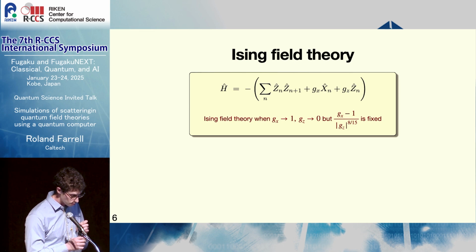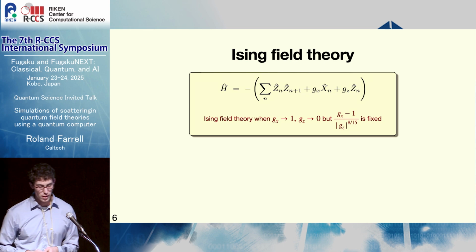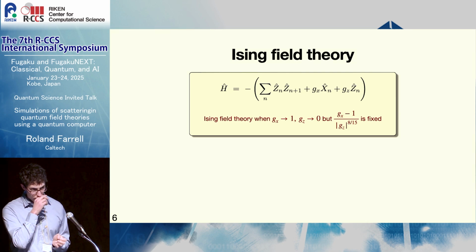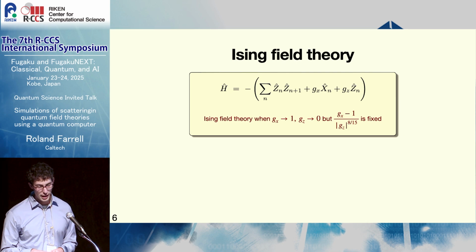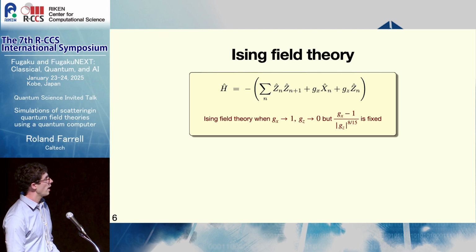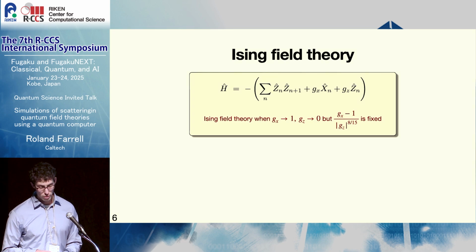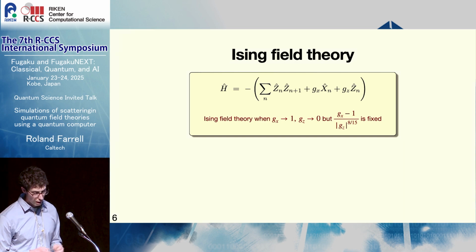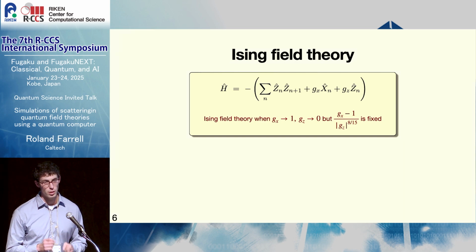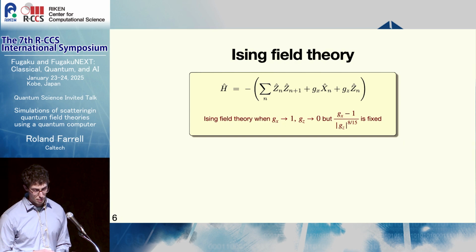So to start with, I want to consider a very simple field theory, arguably the simplest one you could come up with, which is Ising field theory. So the Hamiltonian is given by a very simple model that we're probably all familiar with, the Ising model, on a one-dimensional lattice with periodic boundary conditions.